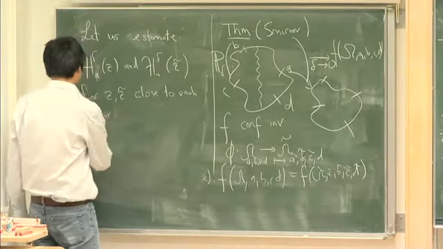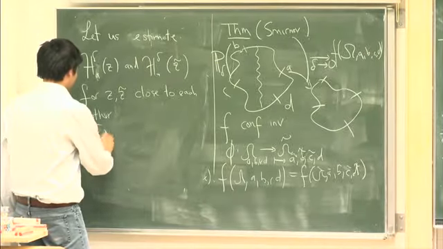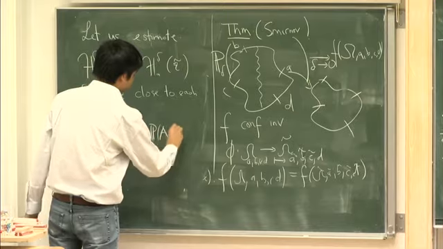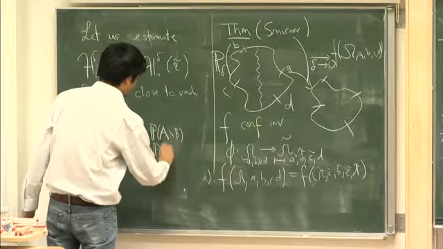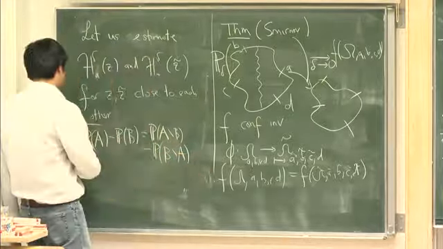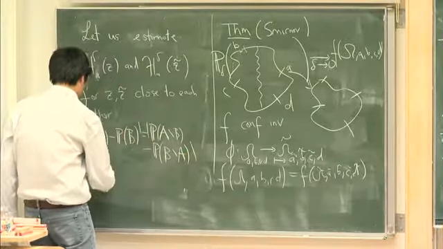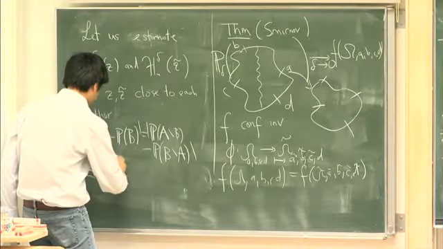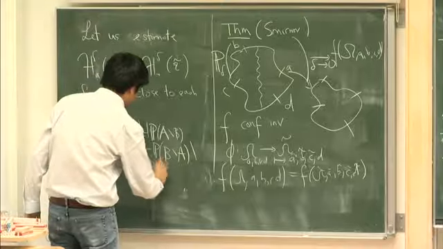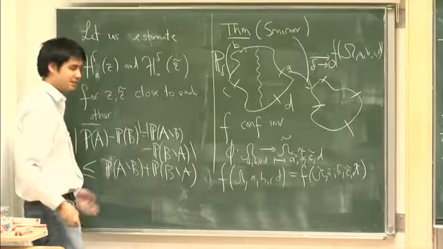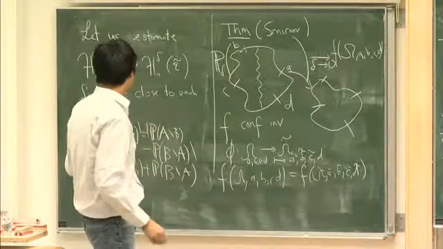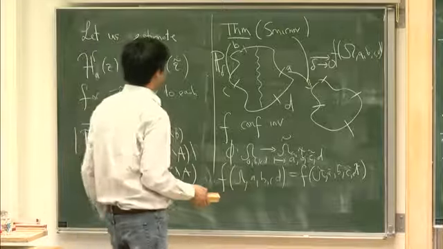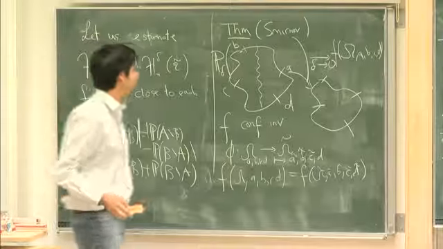We are going to use the very elementary inequality: probability of A minus probability of B is probability of A minus B minus probability of B minus A. And in absolute value, this is going to be bounded by probability of A minus B plus probability of B minus A. That's really trivial, but it's not necessarily an inequality one has seen used all the time when studying undergrad probability. So let me just write it down.